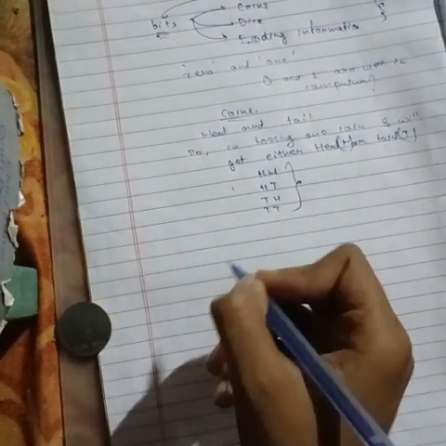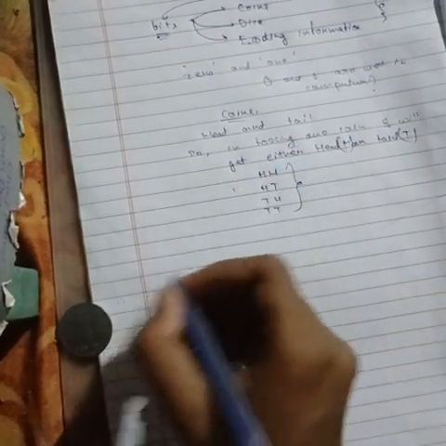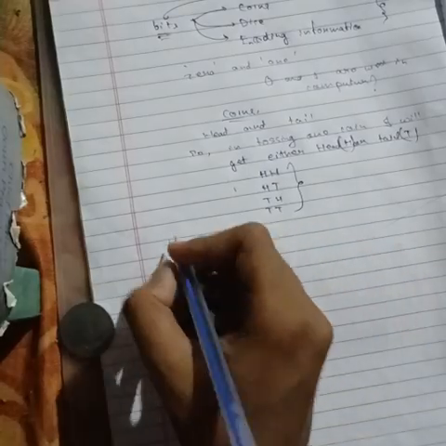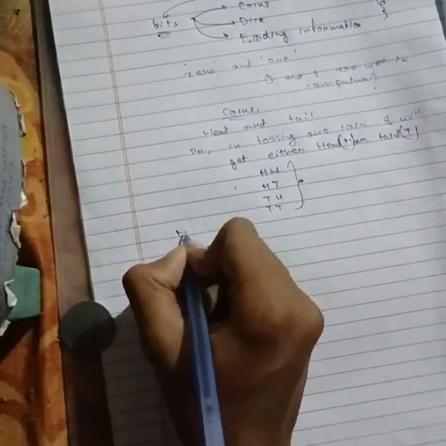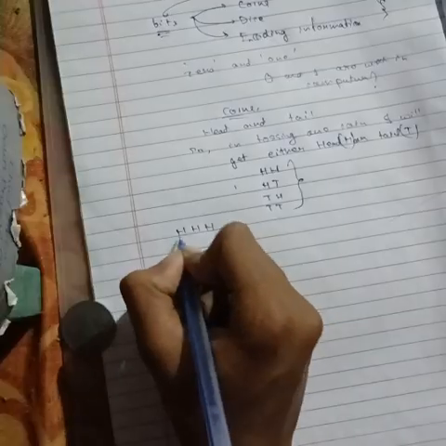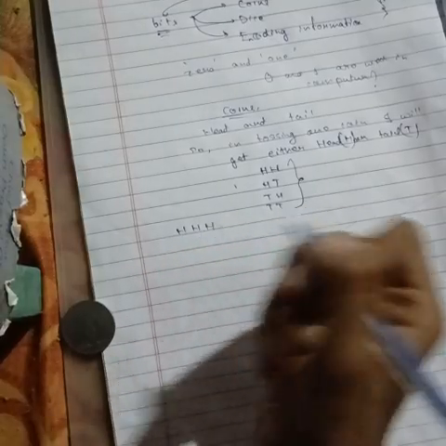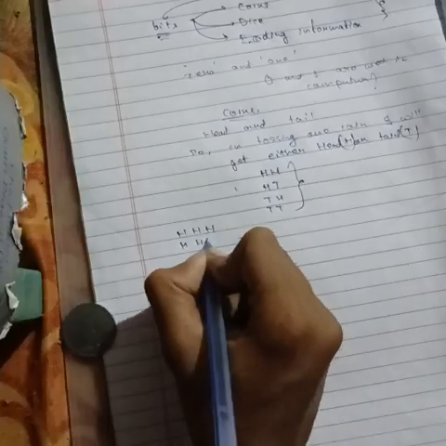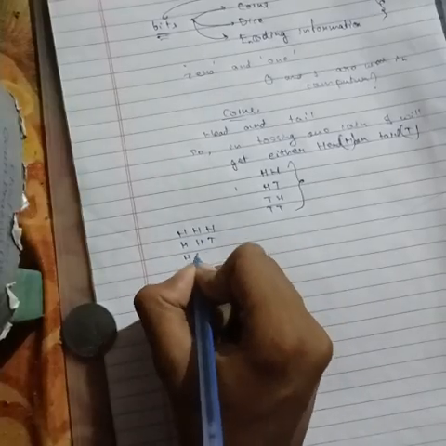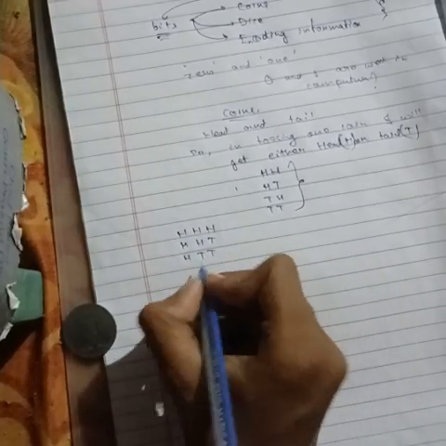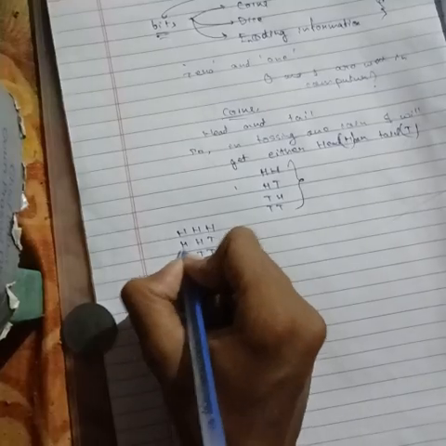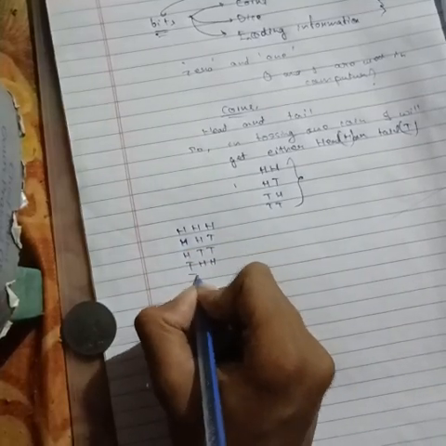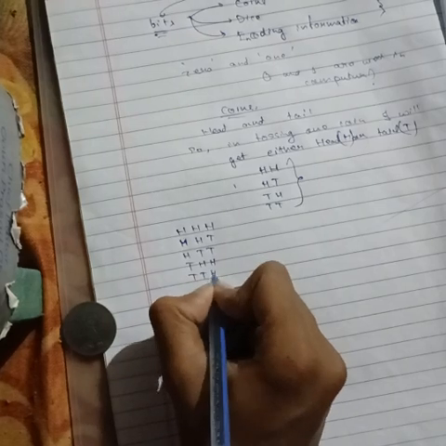So now let's toss three coins together. What are the probable outcomes that we could get? So they are head, head, head: first one is head, second one is head, and third one is also head, or head, head, tail, or head, tail, tail, or tail, head, head, or tail, tail, head.